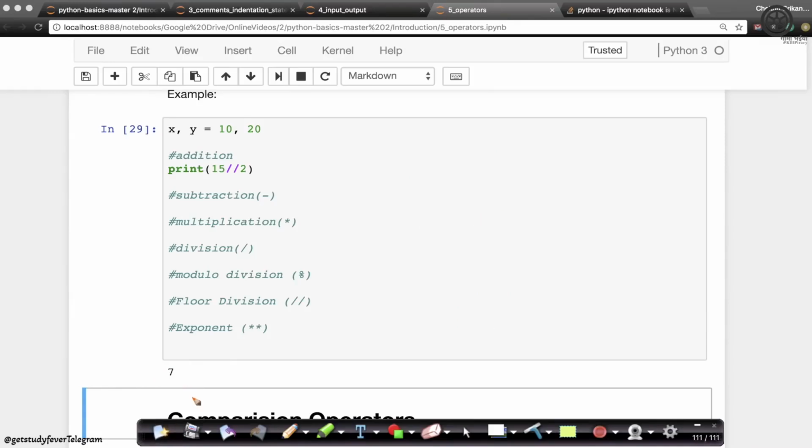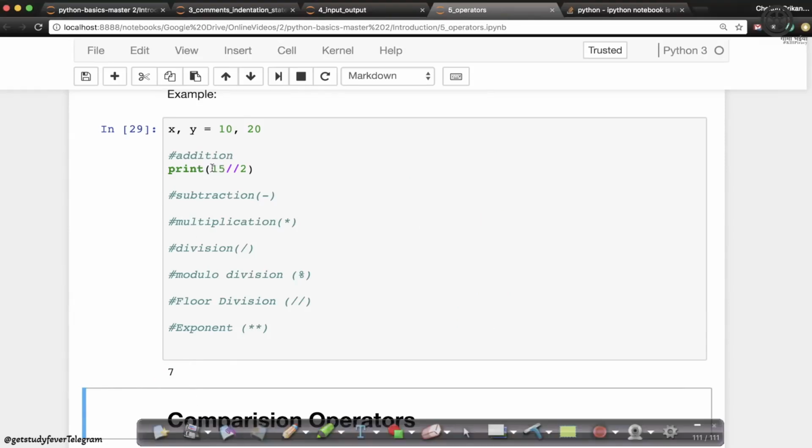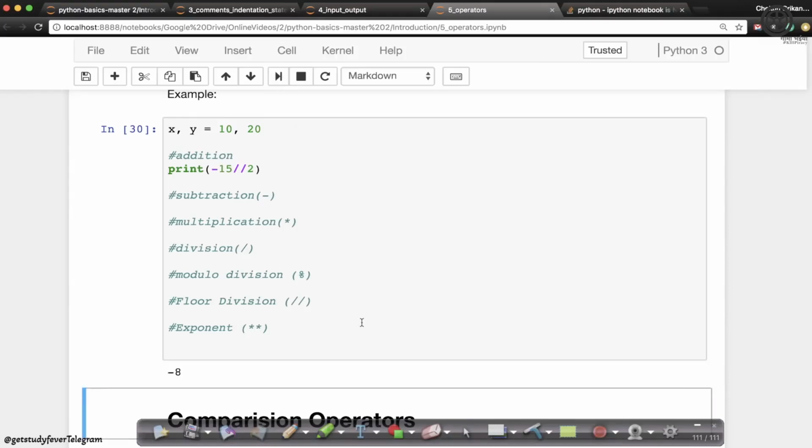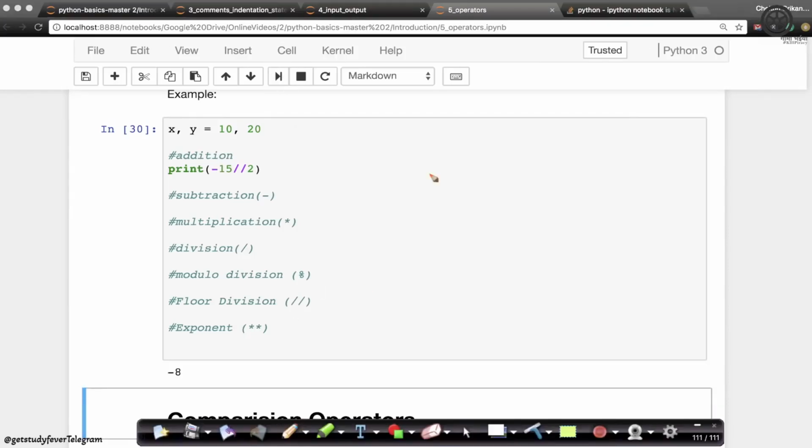Now the next interesting question is, what happens to floor division if I do minus 15 floor division 2? This is interesting. This is a fun hack, because minus 15 by 2 is minus 7.5. On my number line, here is my 0, here is my minus 7, here is my minus 8.